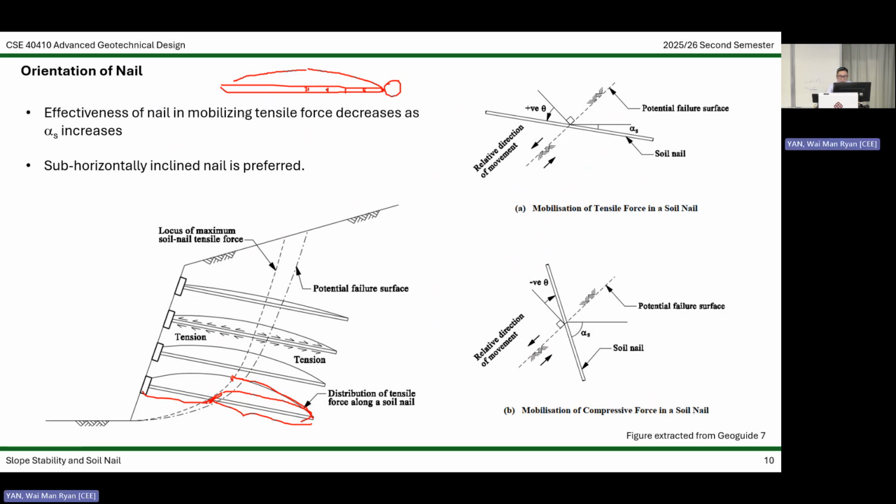This is the maximum force that will be developed along the nail. And we have to make sure that this tensile force is smaller than the capacity of the nail itself, the tensile capacity of the nail. Otherwise, it breaks. Okay.